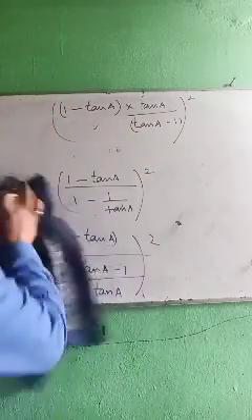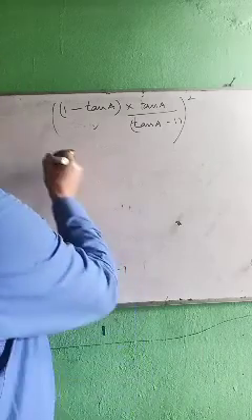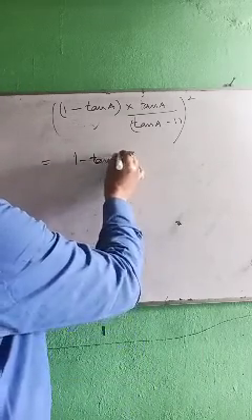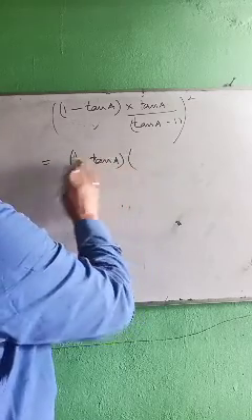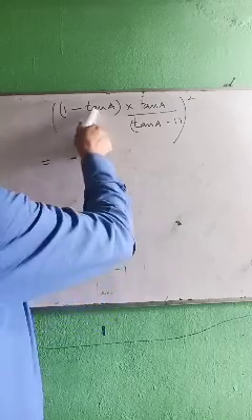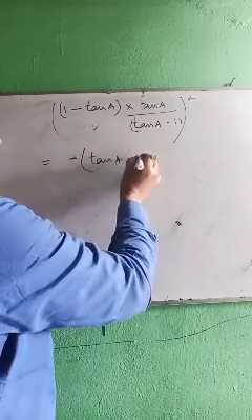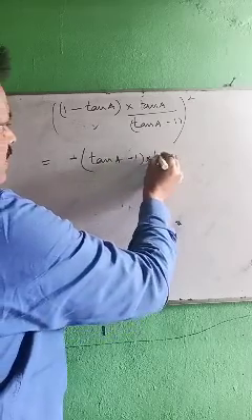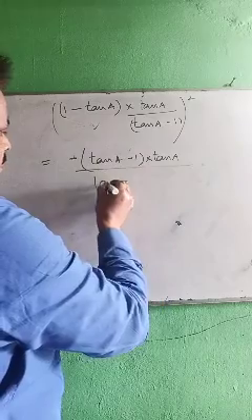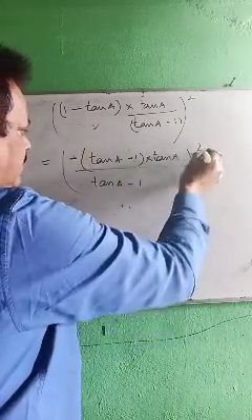So you will get 1 minus tan A, and if you take minus here it is easy. You take minus common, it gets inverted: tan A minus 1 into tan A divided by tan A minus 1 whole square.